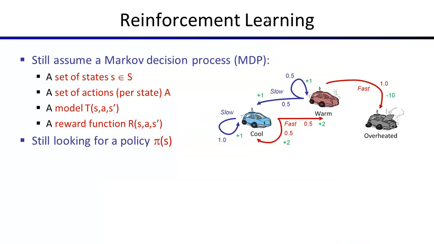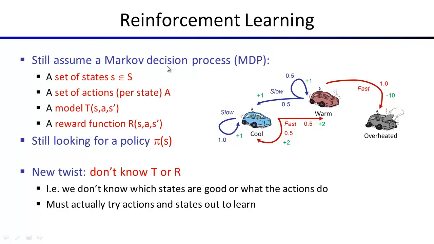Even though I've said we're not going to be given an MDP, we still assume that there exists an MDP underneath the whole system. There is still a set of states, a set of actions, a transition model, which is stochastic, a reward function, and we're still looking for a policy pi that maps from any given state to hopefully the optimal action.